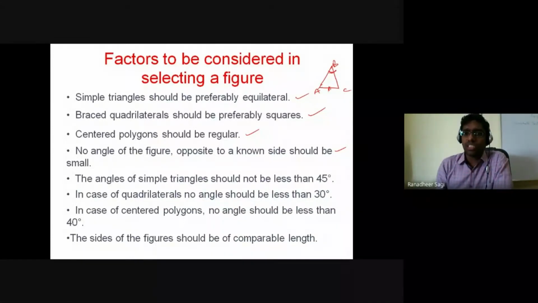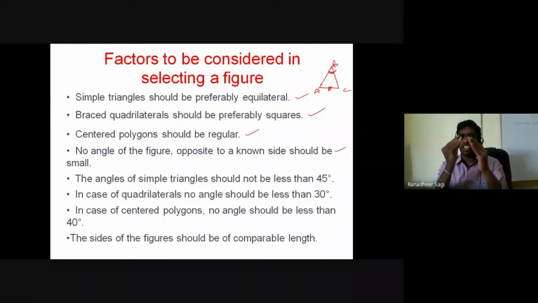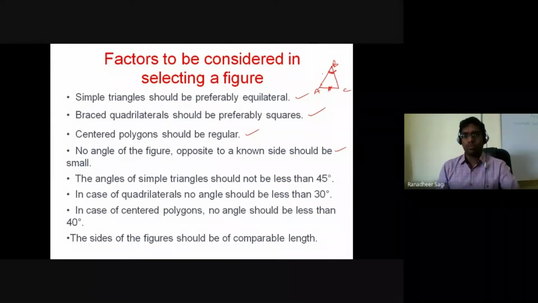So in the process of finding out the length of the member AC, the so-called opposite angle existing at station B should not be very small. If that angle at station B is very small, then if there is an error in the calculation, that error in the computation is relatively more.